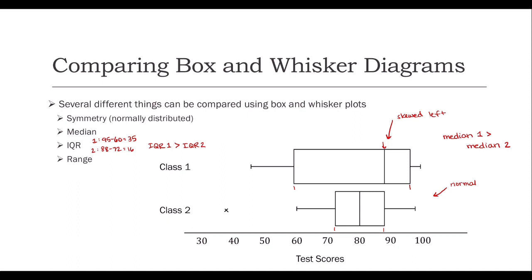Finally, your range for your first one would be from about 45 to 100. So it would be 100 minus 45, which is 55. And your range for your second one would be about 98 and 60. So 98 minus 60, which is 38. So your range of your first one is greater than your range of your second one. So those are the kind of comparisons you'd be making.